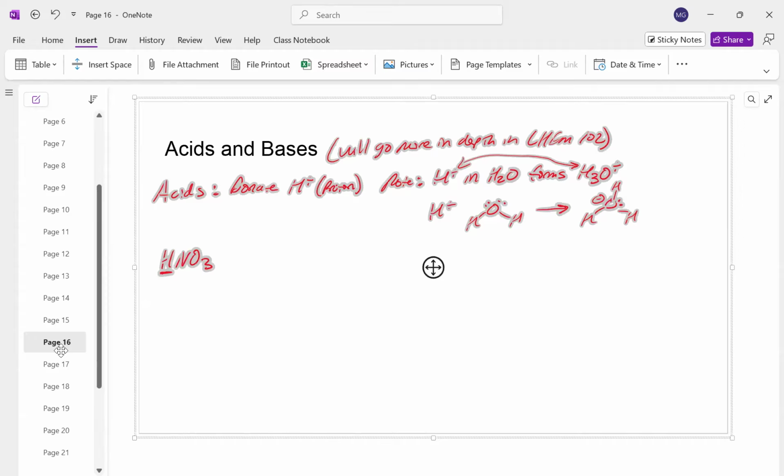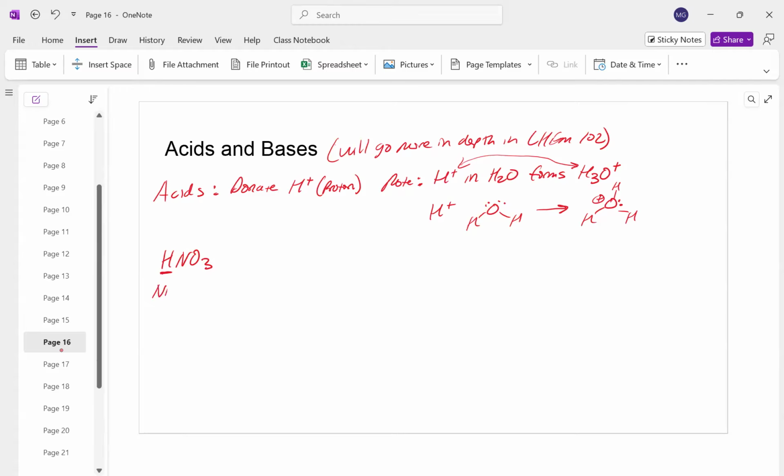But if we take this, for example, this is nitric acid. Hopefully you've already named that. And water. Nitric acid will react with water to form hydronium and nitrate ions. I want you to take a close look at what happened to this hydrogen.